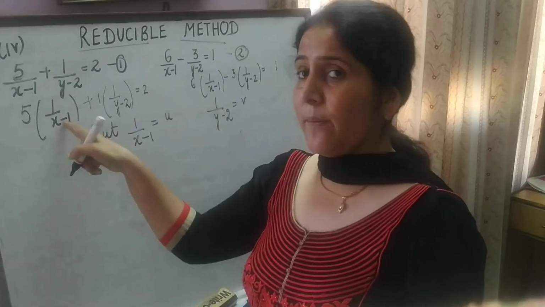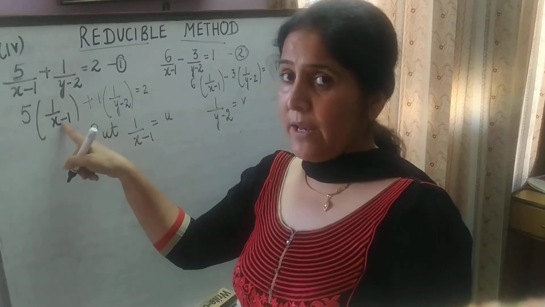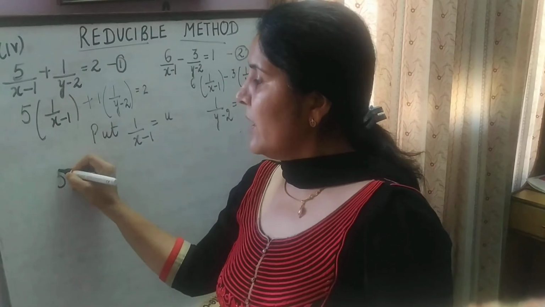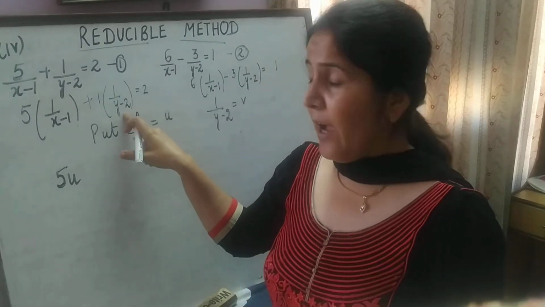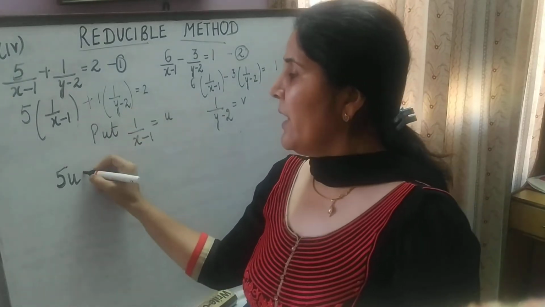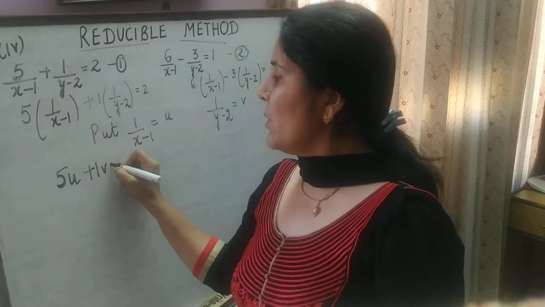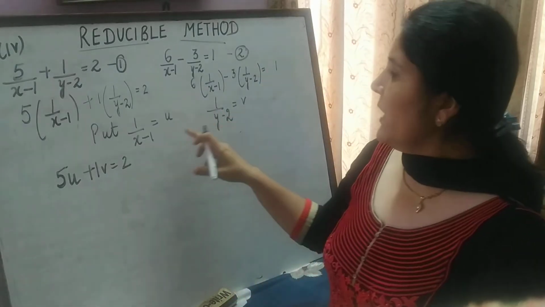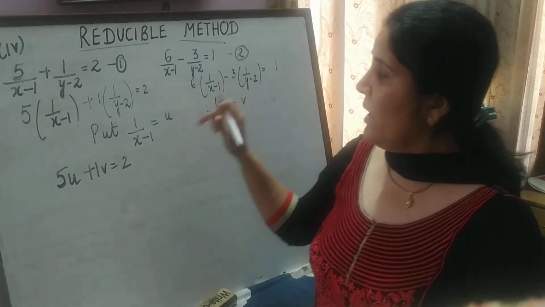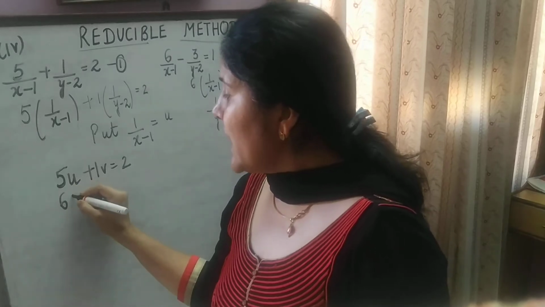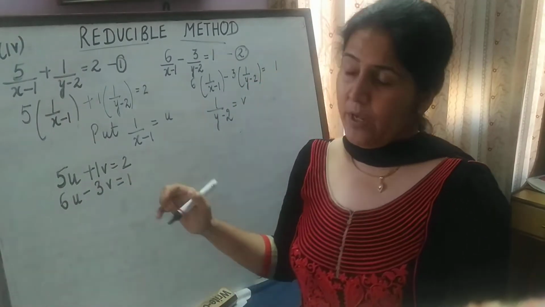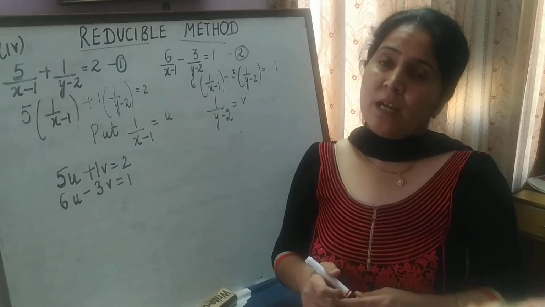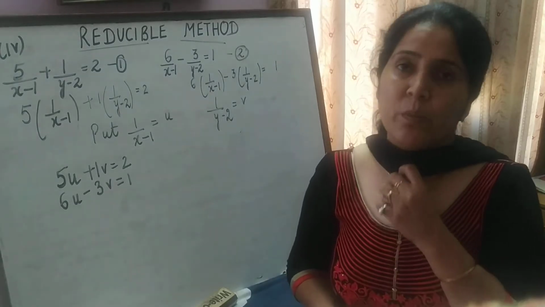If I substitute 1 upon x minus 1 is equal to u, then the equation will become 5u, and here if I substitute v, it will become 1v is equal to 2. Similarly, I substitute here also, and it will become 6u minus 3v is equal to 1. Now you can see that these are converted into the form of linear equations.